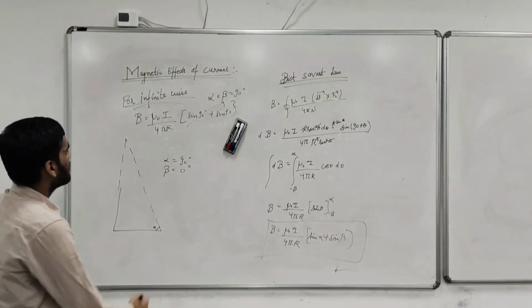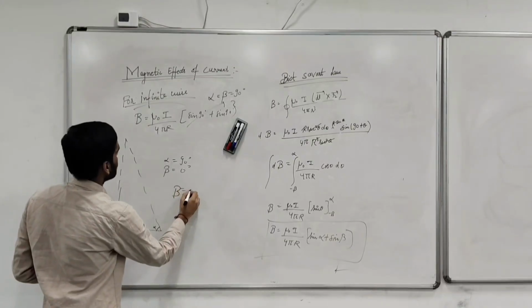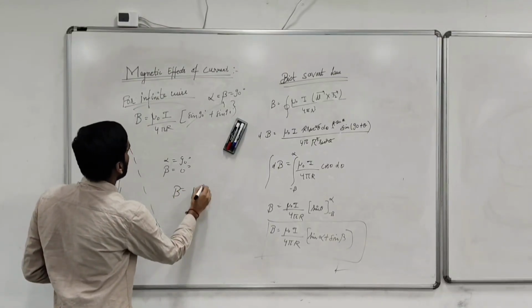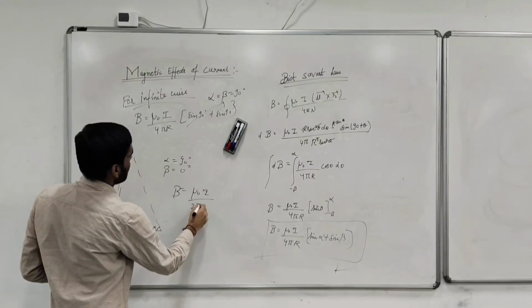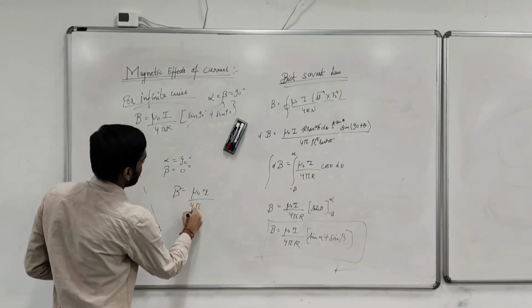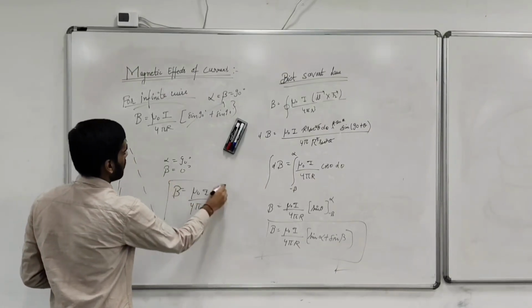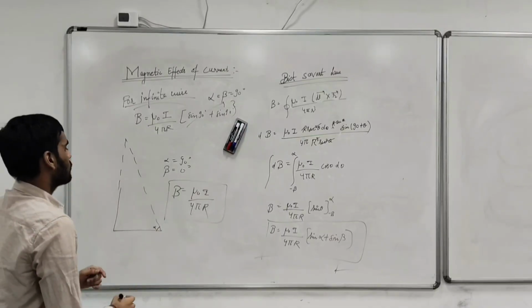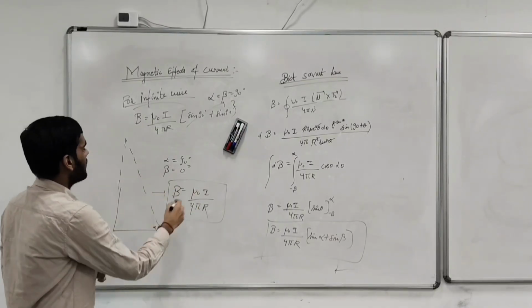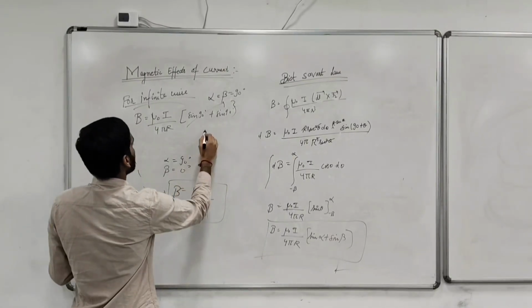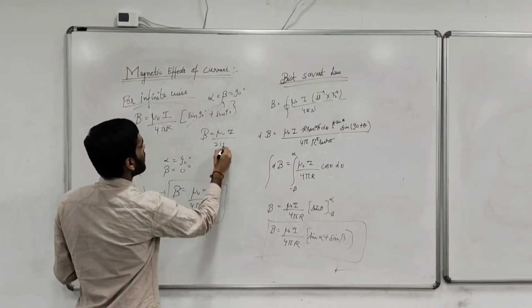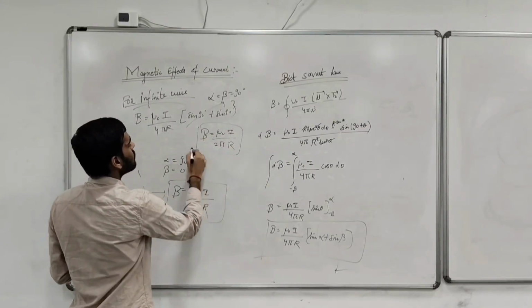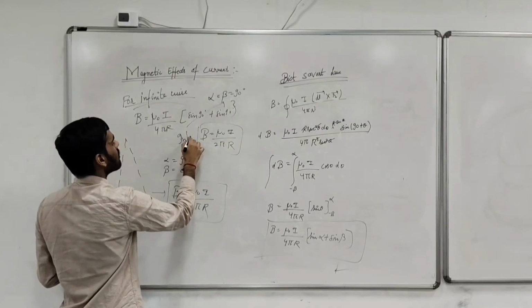So for this case, the magnetic field turns out to be B is equal to mu naught I by 4 pi r. So this is for this case. For the infinite case, we have seen B is equal to mu naught I by 2 pi r.